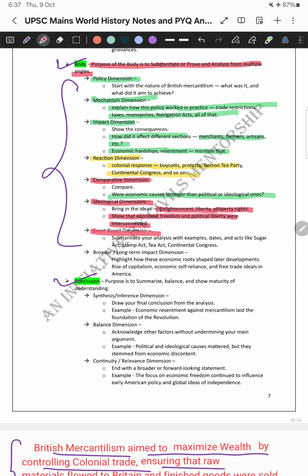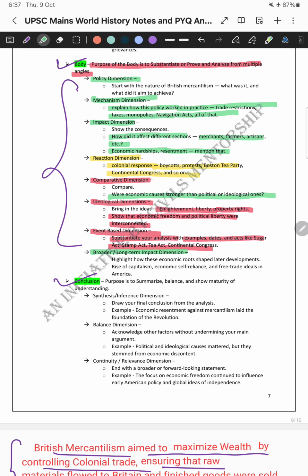Next comes the event-based dimension. Event-based dimension is about what events exactly occurred during that time. Here we need to substantiate our analysis with examples, dates and acts like the Sugar Act, Stamp Act, Tea Act, Continental Congress. So these are the different types of dimensions that we can present in our answer. And the last form is the broader or long-term impact dimension.